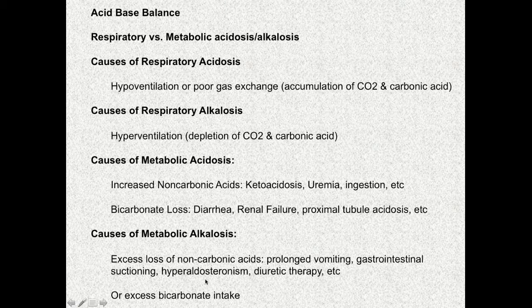Hyperaldosteronemia promotes the loss of acid. Some diuretic therapies can also do this. Another cause of metabolic alkalosis can be an excess of bicarbonate intake. So you're consuming something that has too much bicarbonate in it, and that causes the arterial blood to become more alkalotic.